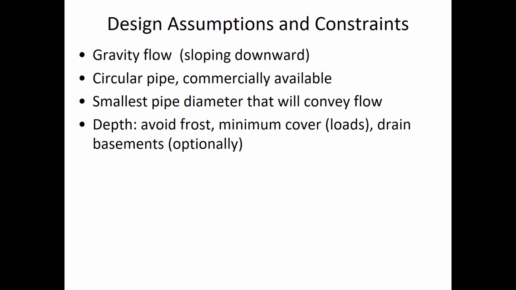They weren't thinking about how many people eventually would live in the city. They weren't thinking how much we would love to put concrete down and asphalt, because when they started putting in the pipes, it was a lot more vegetated area than it is now. And so the smallest pipe diameter that will convey flow at the design condition is maybe what I should say.